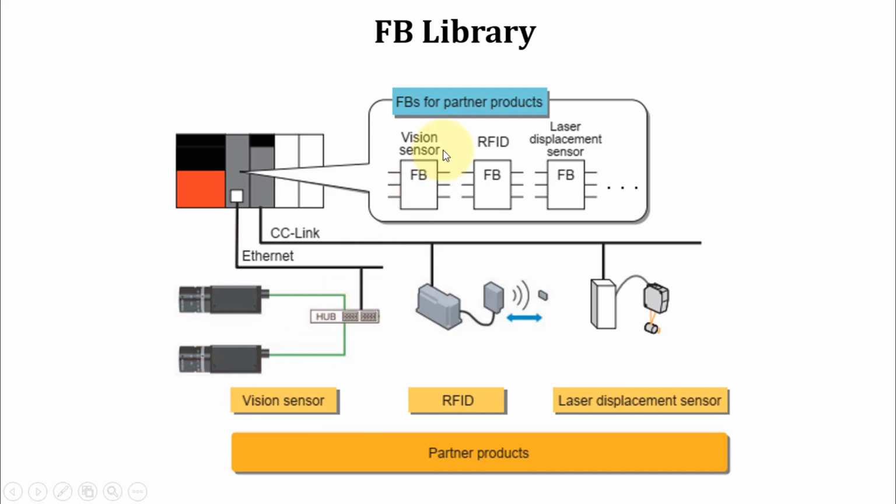So we'll get a function block for the vision sensor. You can use it in your program and interface the vision sensor with your PLC easily. Similarly, RFID function blocks and laser displacement sensor blocks, and likewise function blocks for other partner products are also available. You have to contact your local vendor for these kinds of function blocks.